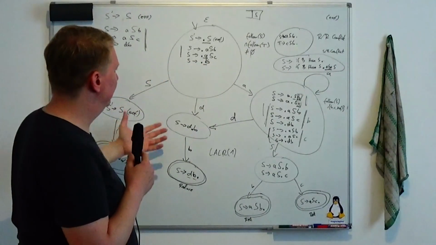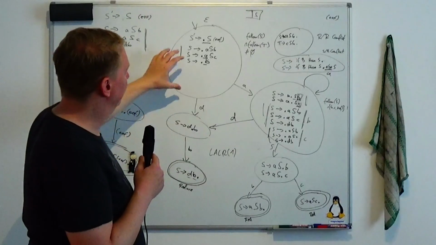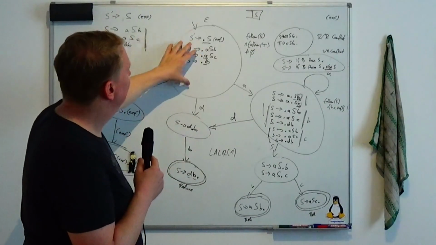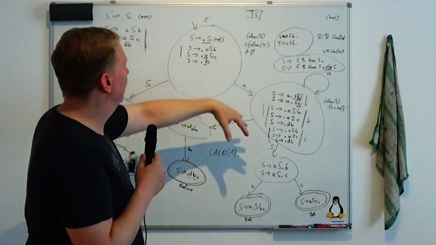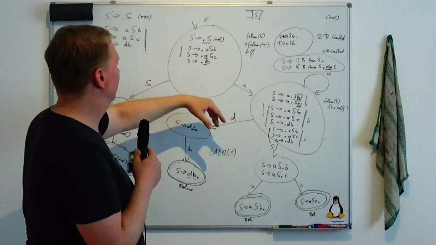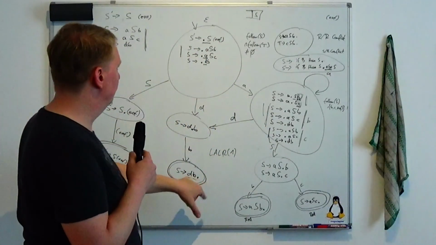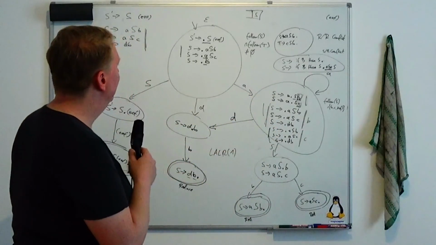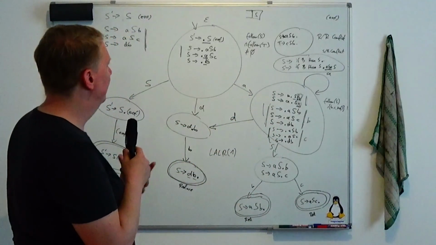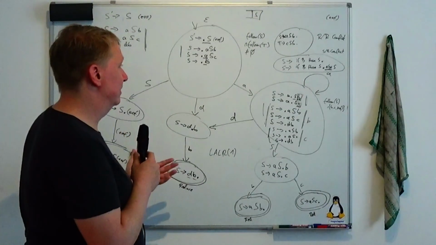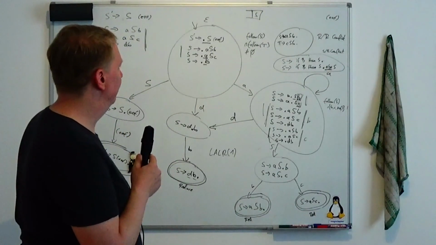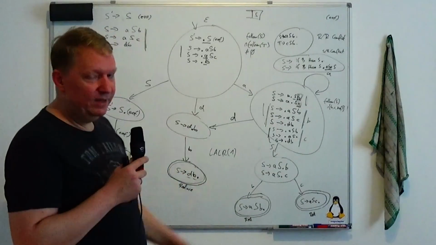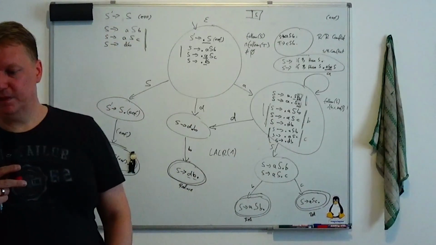And it gives you the action tables, which say if I'm in this state and this is my look-ahead, then I shift, or if this is the look-ahead, then I reduce with this rule. If I have this look-ahead, I reduce with this rule, and so on. So the Bison log file is really helpful.